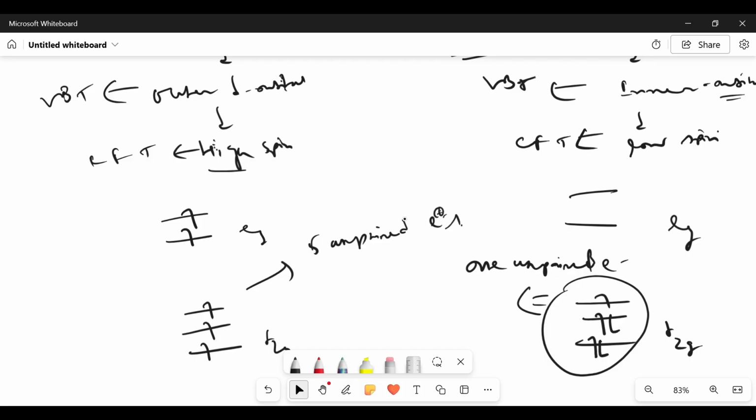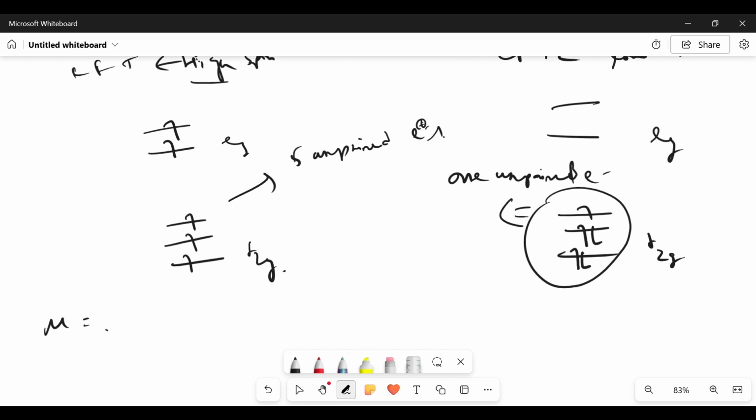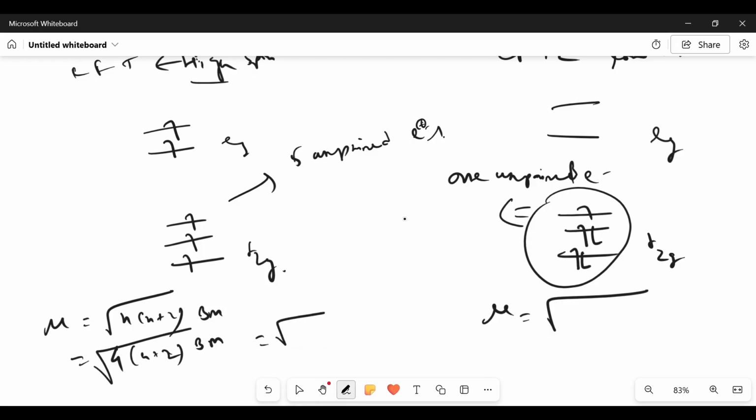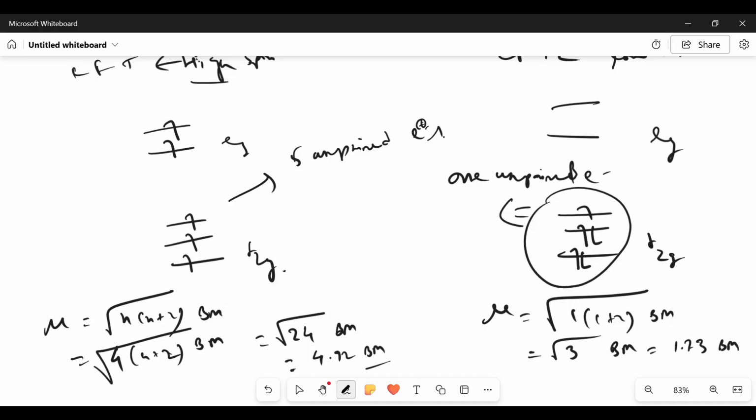Now you calculate the mu value, the spin only magnetic moment, in both cases: root over n into n plus 2 BM. Here you can see 4 into 4 plus 2, root over of 24 Bohr magneton, so almost 4.92 Bohr magneton. And in case of the other complex, 1 into 1 plus 2, root over of 3 Bohr magneton, so this is 1.73 Bohr magneton.